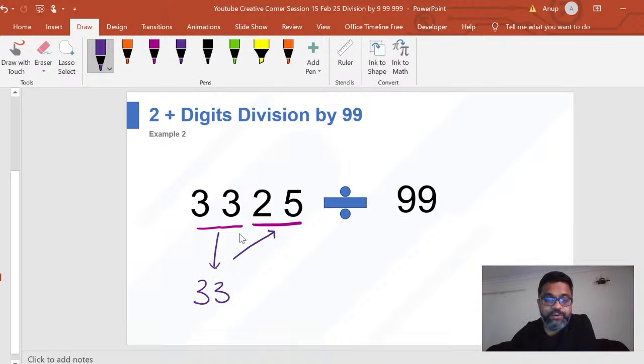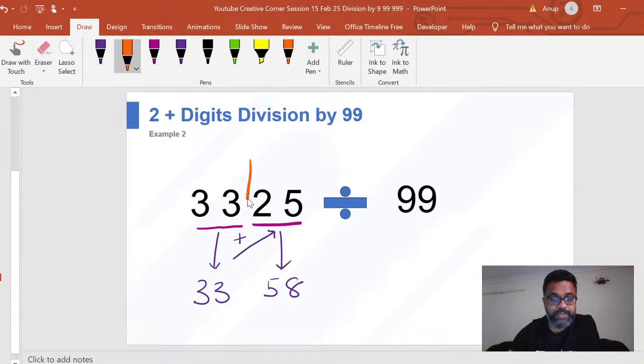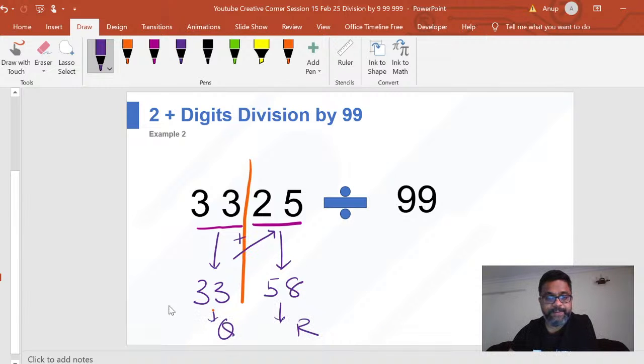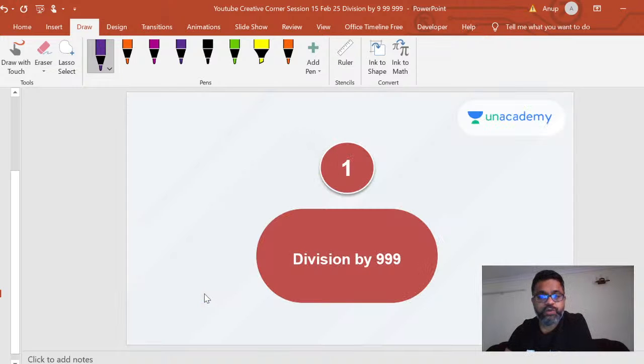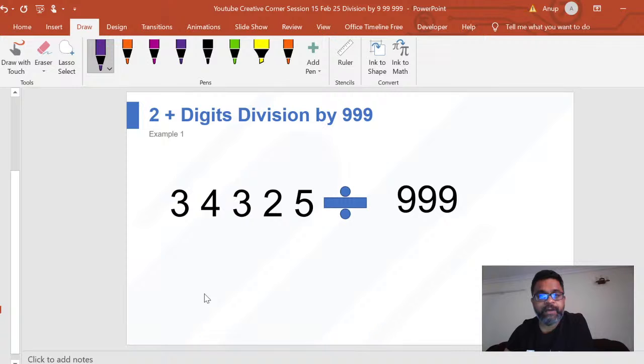I will add it to 25 and then bring it down, so it will become a 5 and a 8. And I know my quotient and remainder. This is how I'll separate, right? So this is my quotient and this is my remainder. That's all. Okay. Let's look at 999 now.